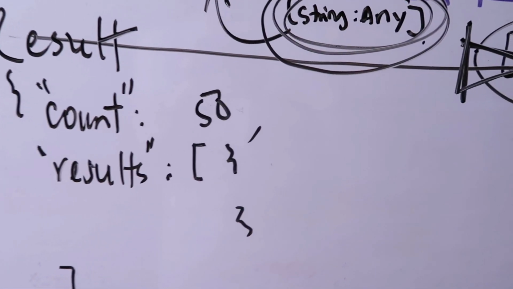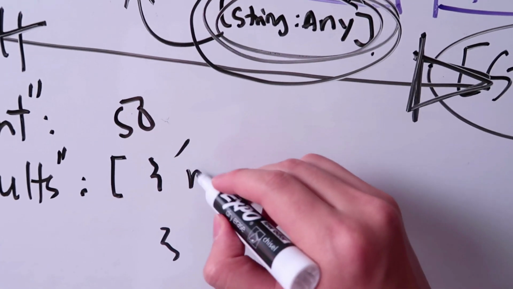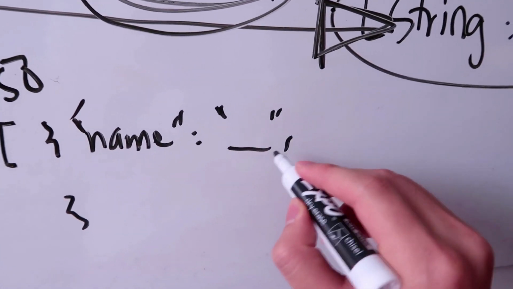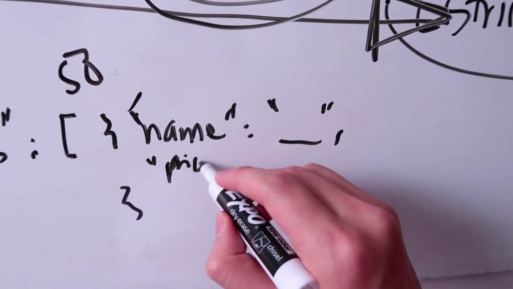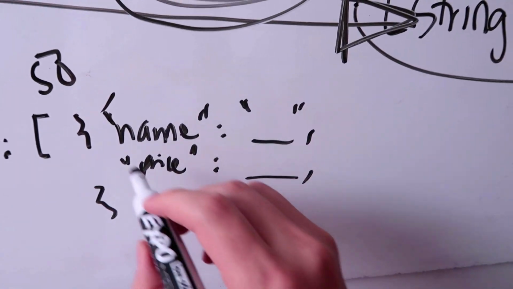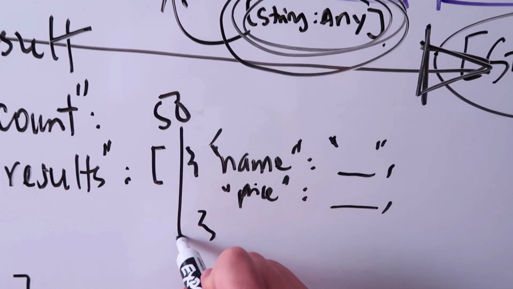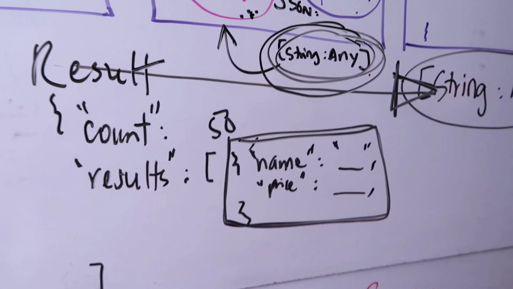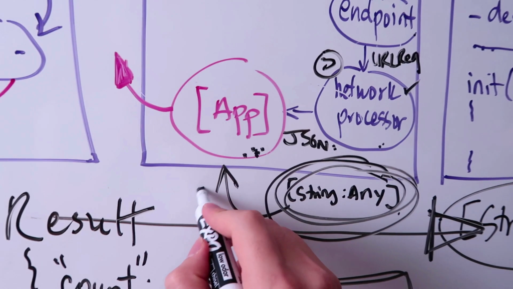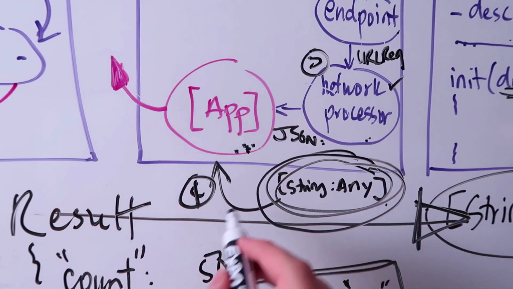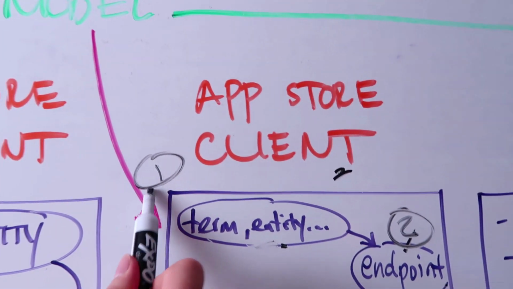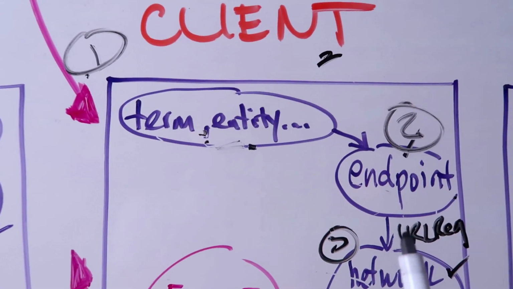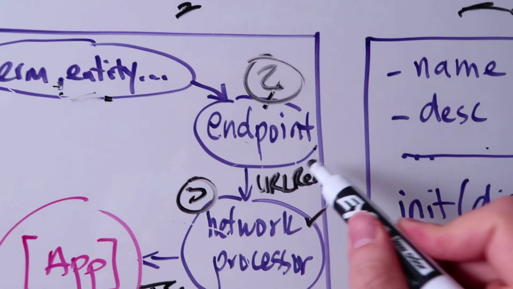So inside this dictionary we have name, which is something, and price, which is something over there. So this is an app. Now our job, I know it's getting messy: step 1, someone gives us the term and entity from maybe a function parameter. Step 2, we create an endpoint.